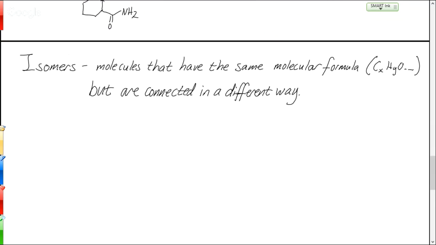So let's draw those in a couple of different forms. We've got the first one that we've drawn before. We'll draw it in a line structure, and we'll also draw it in a condensed structure. And I'll keep the same shape with the condensed structure so that it is clear.